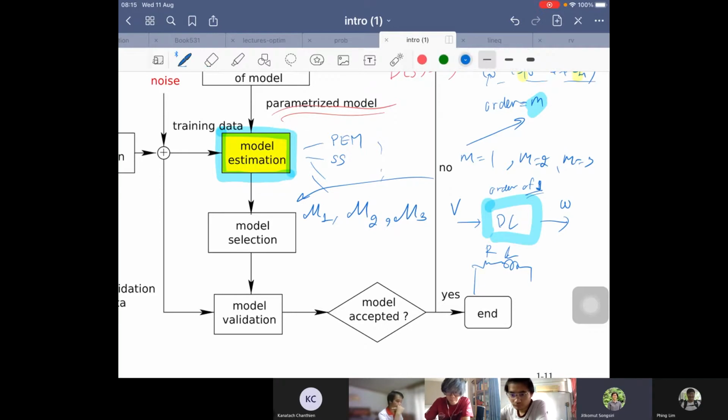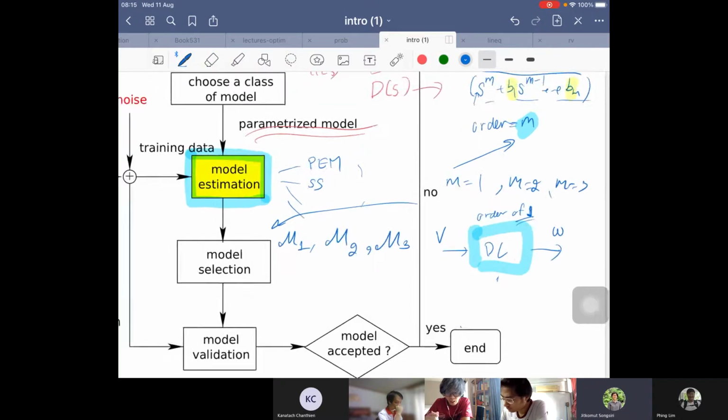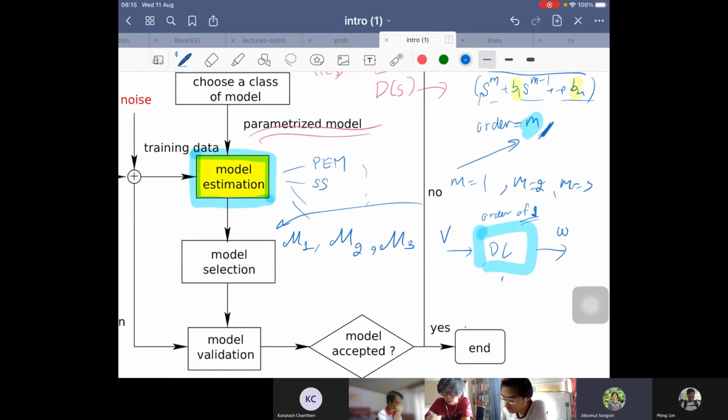This is how you integrate your prior knowledge in the process of system identification. When you vary the value M here, it doesn't make sense to go to 100.